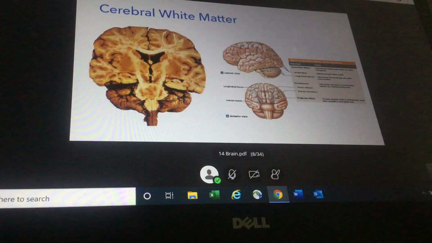Okay, so these lumps or ridges on the surface of the brain, each one is called a gyrus, or gyri, plural. The association fibers are little clusters of axons that are carrying impulses from one gyrus to an adjacent gyrus, a nearby gyrus.